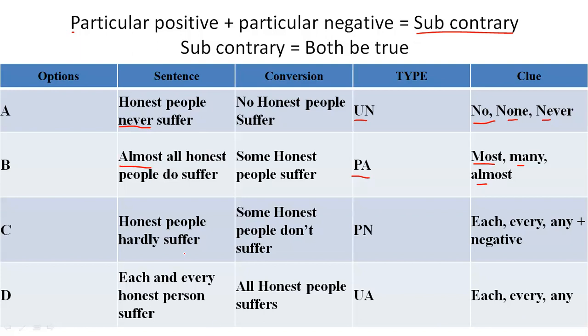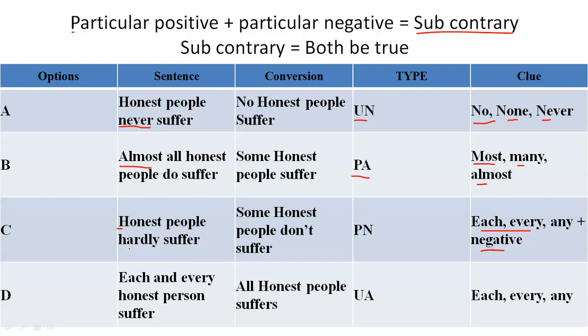Then each, every, any, this is the clue. But when it joins with a negative word, or when there is nothing in the front of the sentence, like all, none, each, every, some, there is nothing given here, right? The statement simply says honest people hardly suffer. If this is the case, you should consider it as each, every, any case.